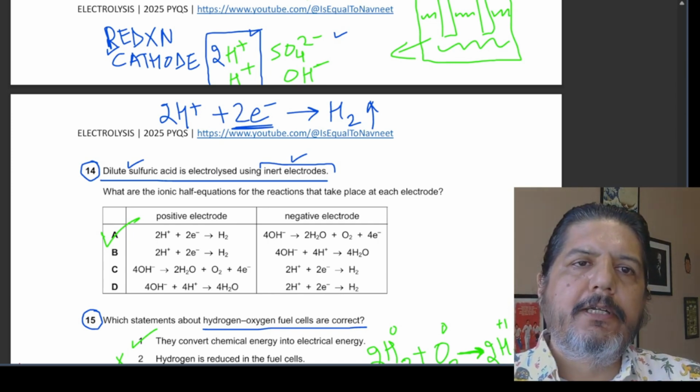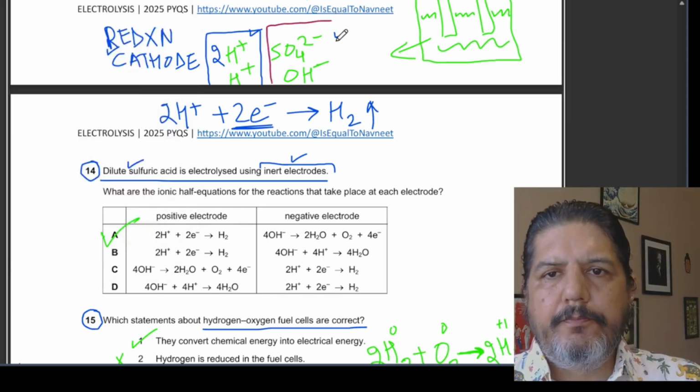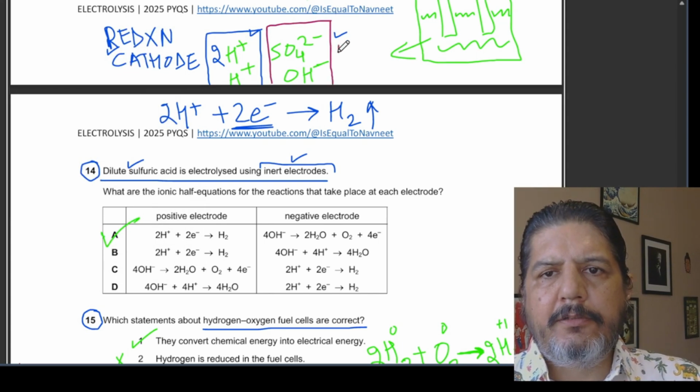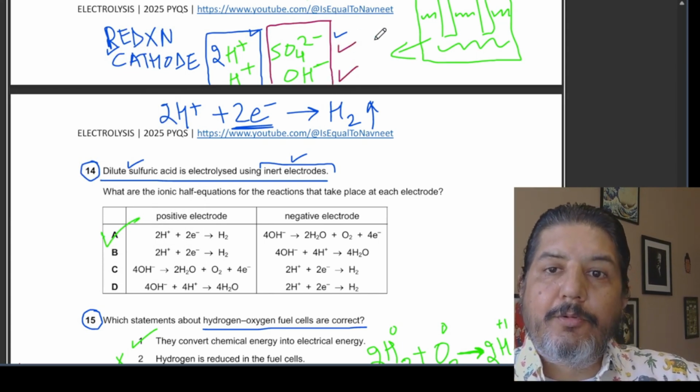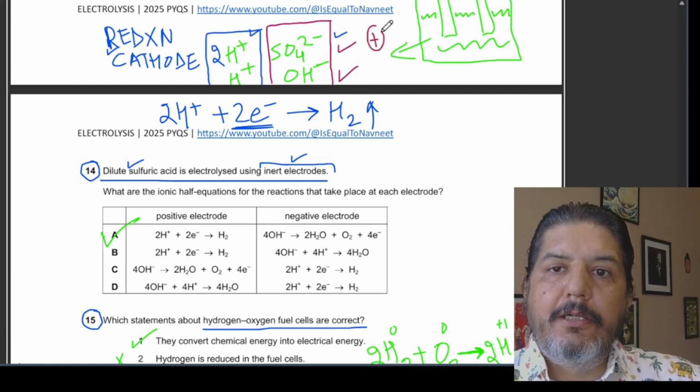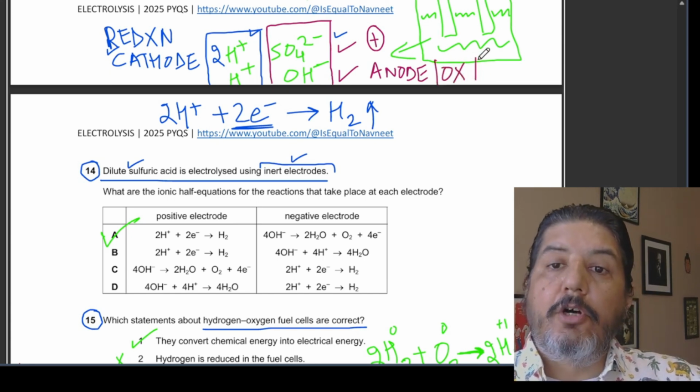Now if we look at the reaction taking place at the anode, there is a competition between sulfate and hydroxide ions. This would be the positive terminal, the anode. Oxidation will be taking place at the anode. Oxidation is a loss of electrons.